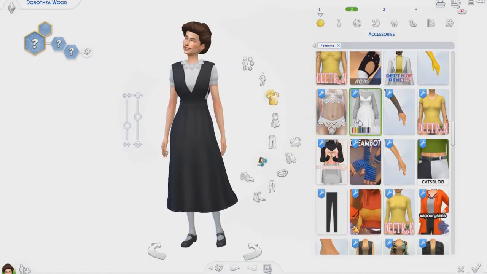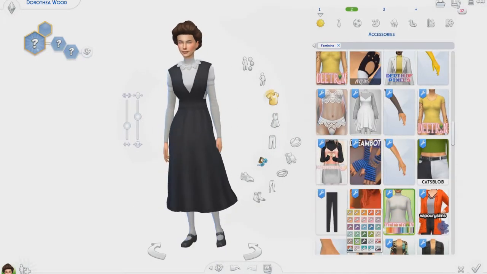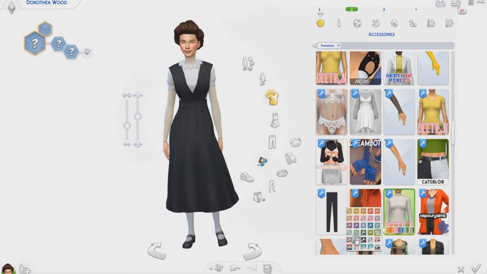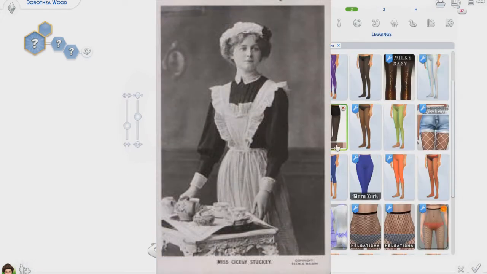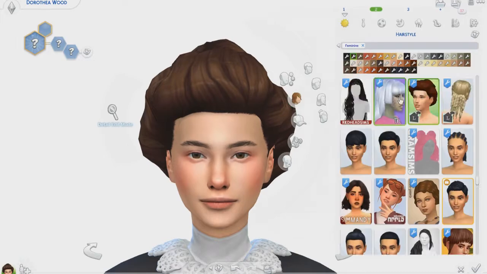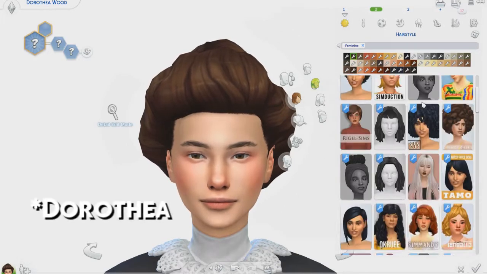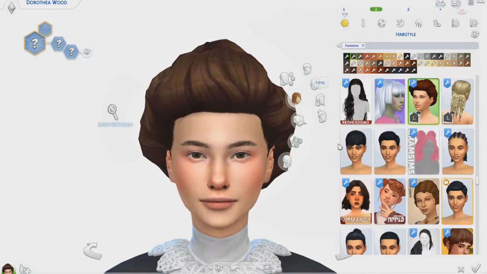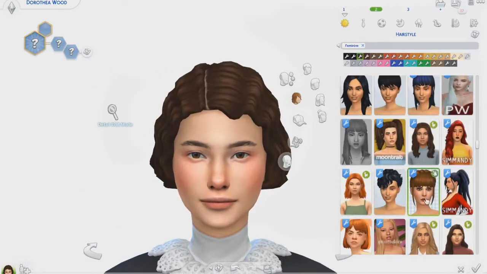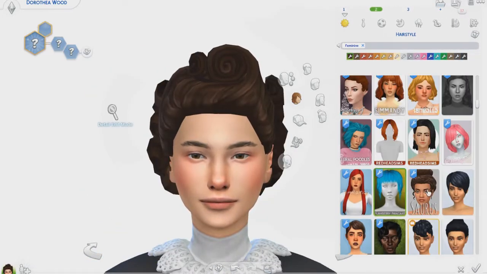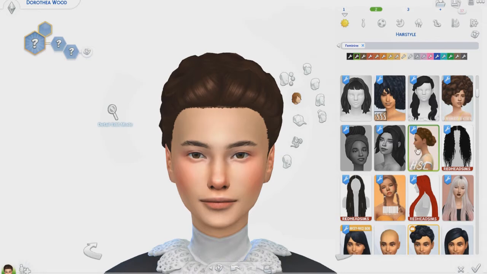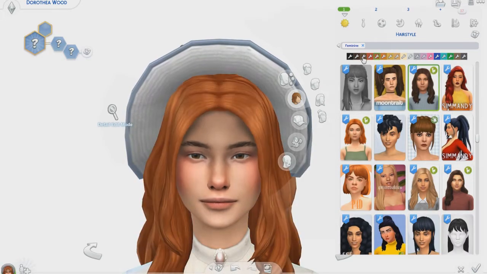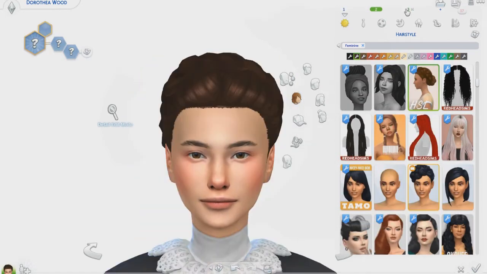Usually the maid was standing in front of furniture or behind furniture, or touching furniture like a chair. So instead of doing that, I just made Ethel stand next to furniture. I just wanted to give a sense of realism, like Dorothy was actually in this era.